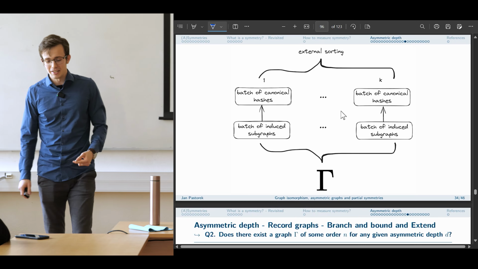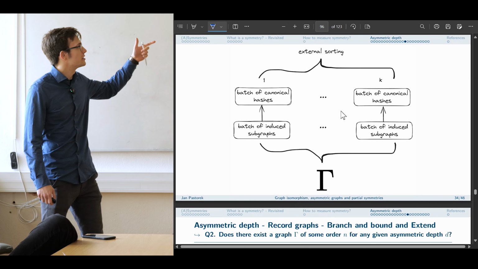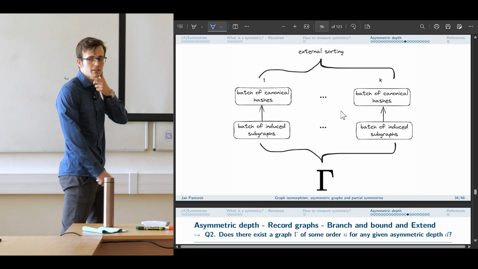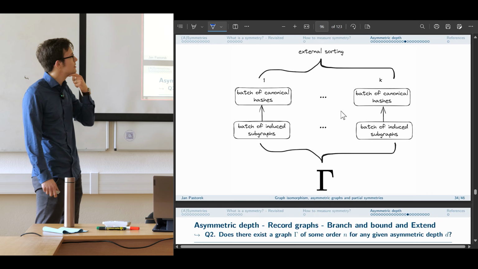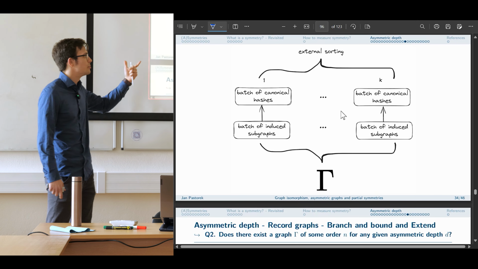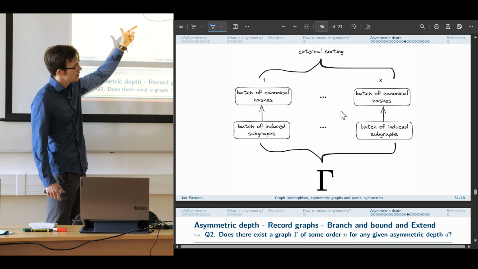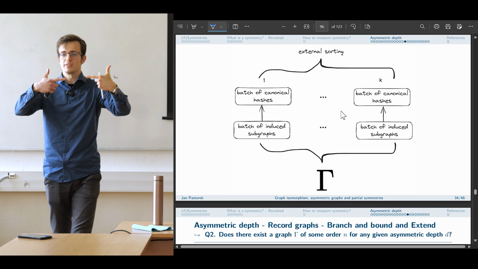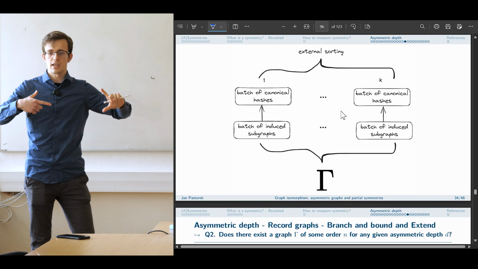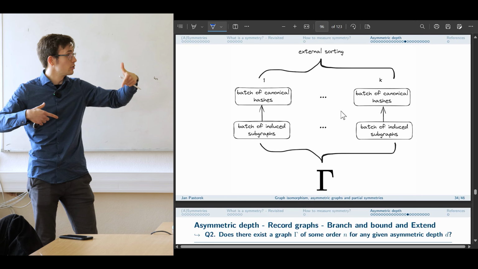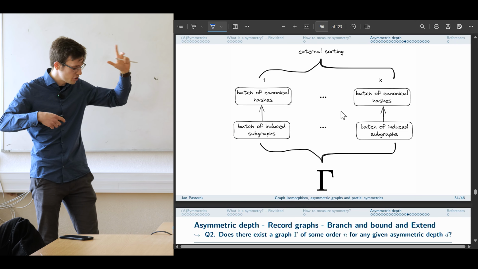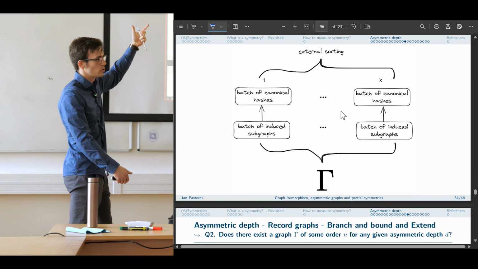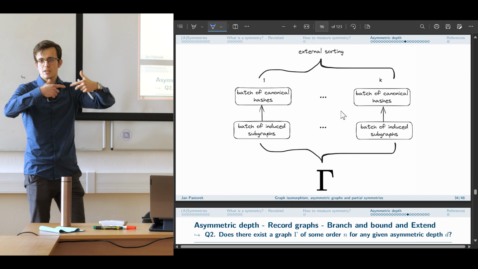So as it turns out, I'm just going to try another idea, which is called external sorting. Maybe some of you have heard about it. You will basically divide the induced subgraphs into batches. And for each of the batches, you will compute its canonical hashes, and then you will store them in separate files.